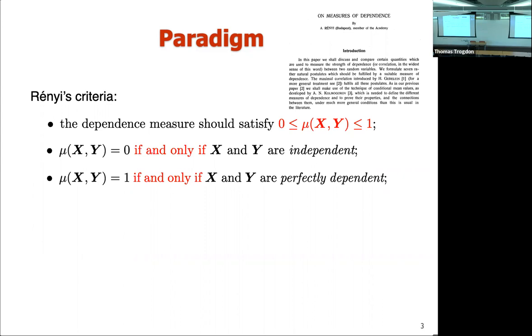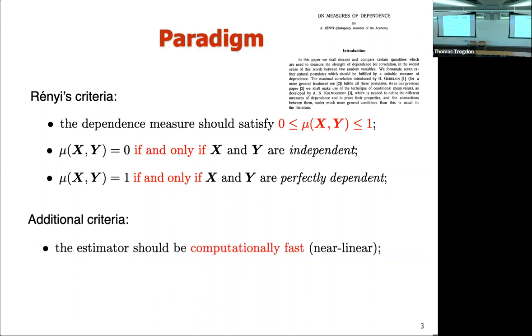And I myself add two more, about estimation and testing, because we are statisticians, not pure math. We have to consider the data and make decisions based on the data. The first additional criterion is that the estimator should be computationally fast, or at least implementable, but hopefully fast. I hope to achieve near linear, meaning I can calculate this estimate of the population dependence measure in linear time up to some log n complexity.